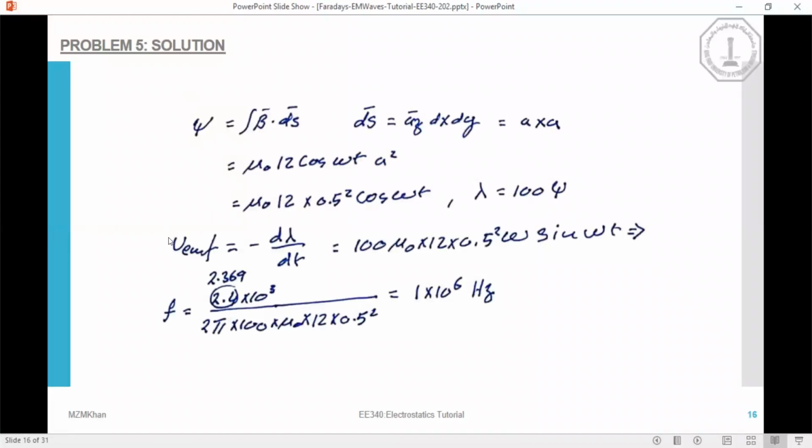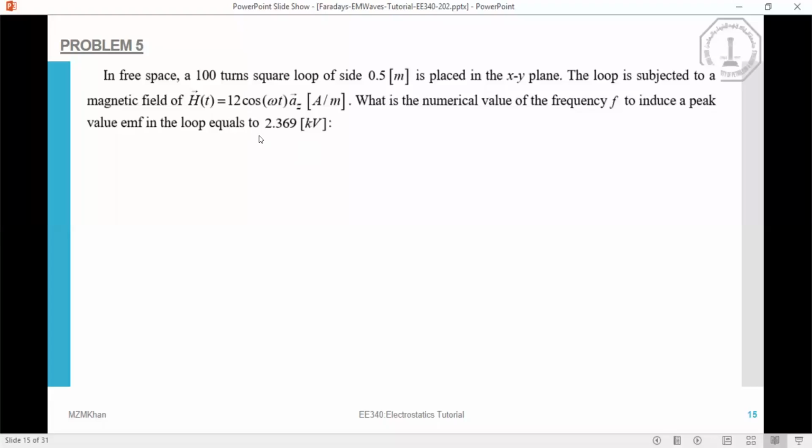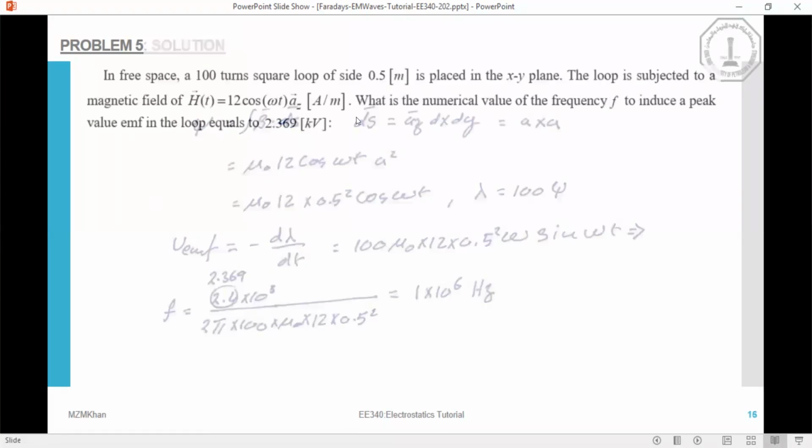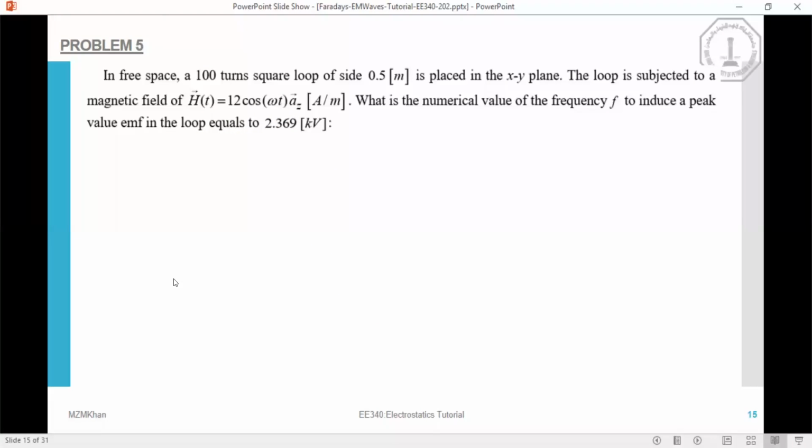So very straightforward. You are going to first find psi. So psi is B bar dot dS bar. And here the figure is not given to us, so you have to formulate your figure. The square loop is placed in the XY plane.